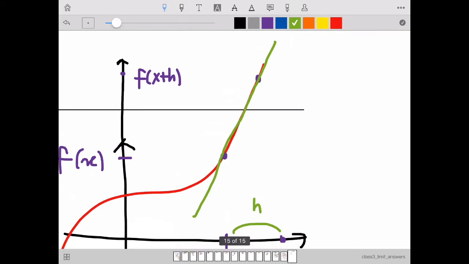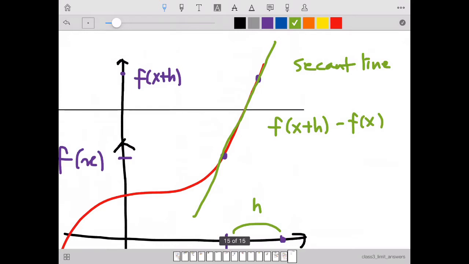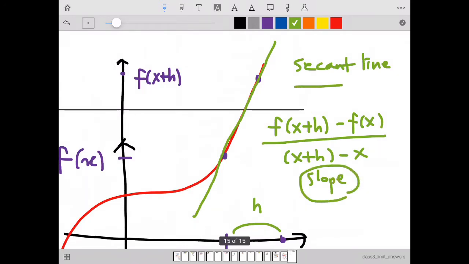It was secant line. And if we look at change in y over change in x, this is the slope of the secant line. That becomes the slope of the secant line, right?